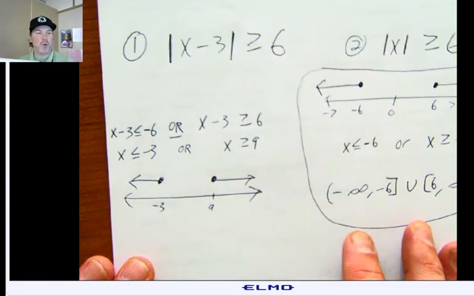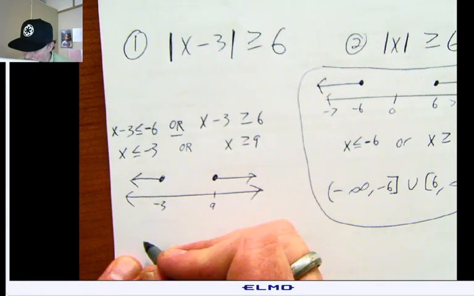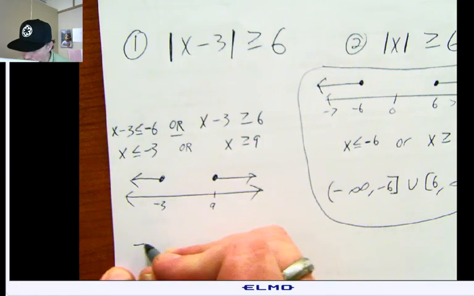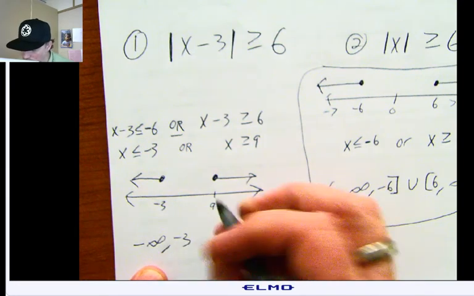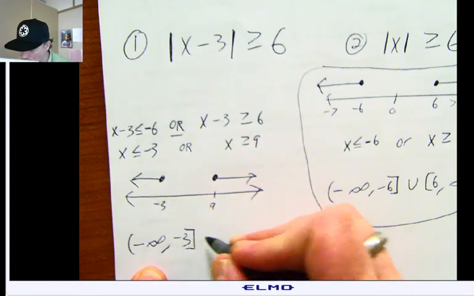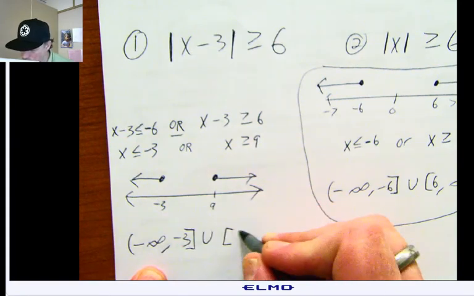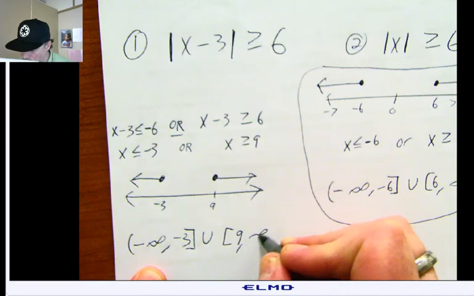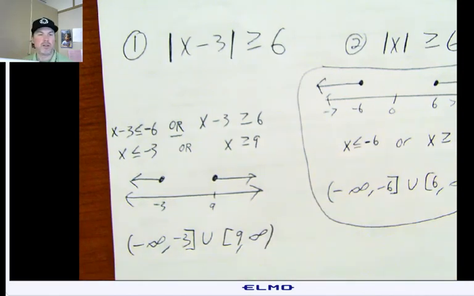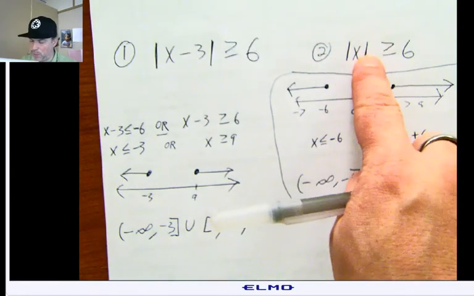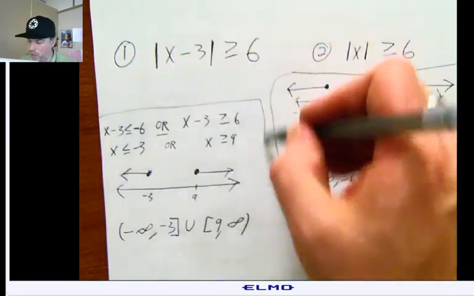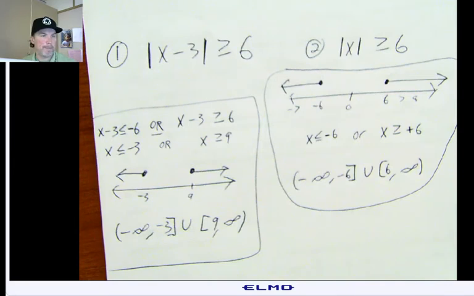That's exactly what we expect out of an or statement, so there's no weird answers here. -infinity all the way up to -3, soft, hard, union 9 to infinity, soft. So if you understand this, the example essentially works the same way.